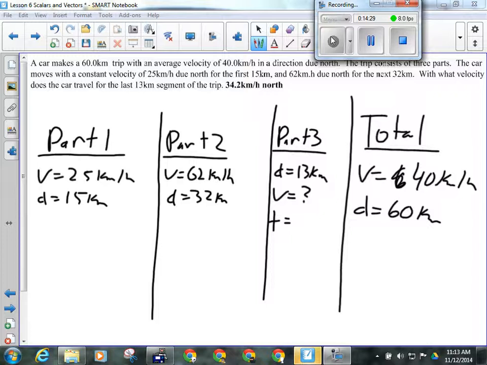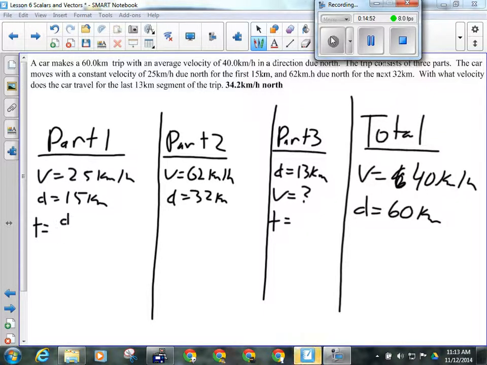Now I'm going to look at what I've got so far and see what I can get from that. I can find the time for part 1, for part 2, and for the total. Agreed? In general, if you're in a multi-part question and you're trying to figure out where to go, find everything you can. Write down your givens and then calculate everything you can, and sometimes the answer will pop out at you. So right now I'm going to calculate the time for all of these.